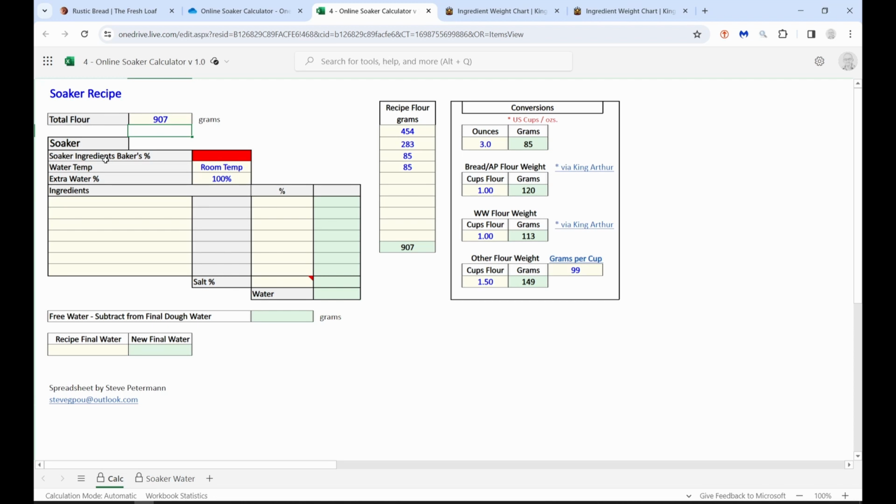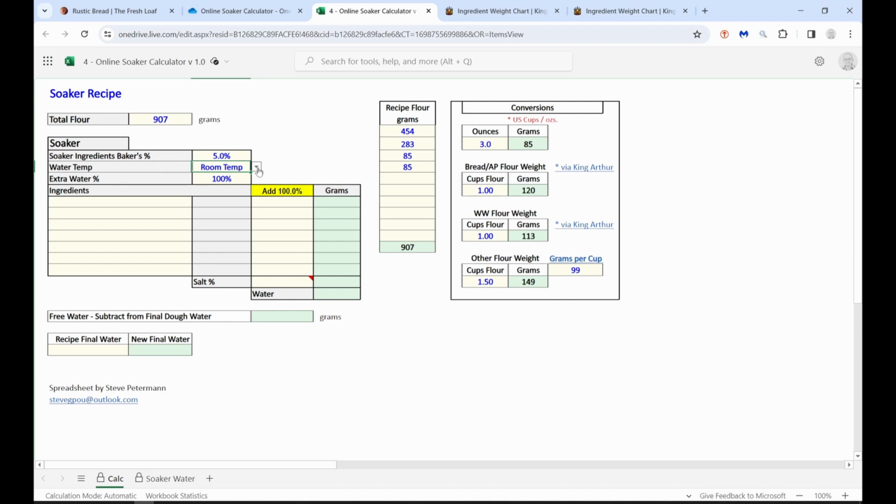Our next decision is what baker's percent we want to use for the soaker. Now, baker's percent will be the weight of the dry ingredients. I'll show that in a minute here. The weight of the dry ingredients relative to the total flour. That's baker's percent. So let's say we want to use 5%. And the next question is, how do you want to soak this?